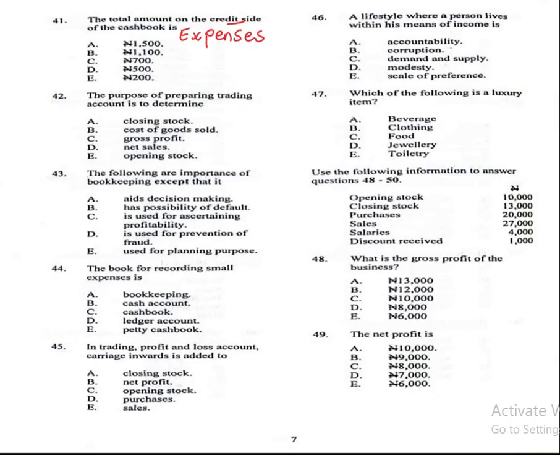If you go back a bit in that video, you notice that the purchases made is 500 naira. The stationery is about 100 naira, and the rent is 100 naira. So the total expenses, add them together, it will give you 700 naira, which is option C.